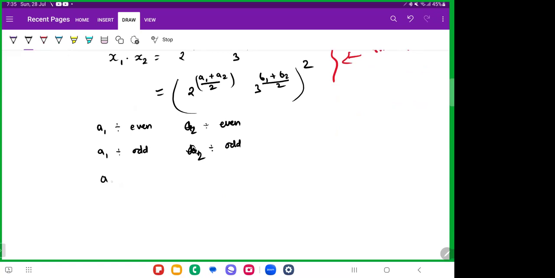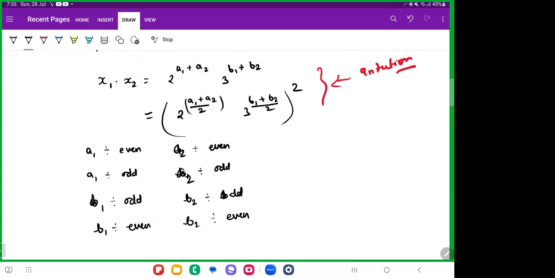Then for B1 odd, we need B2 to be odd. If B1 is even, then we need B2 to be even.